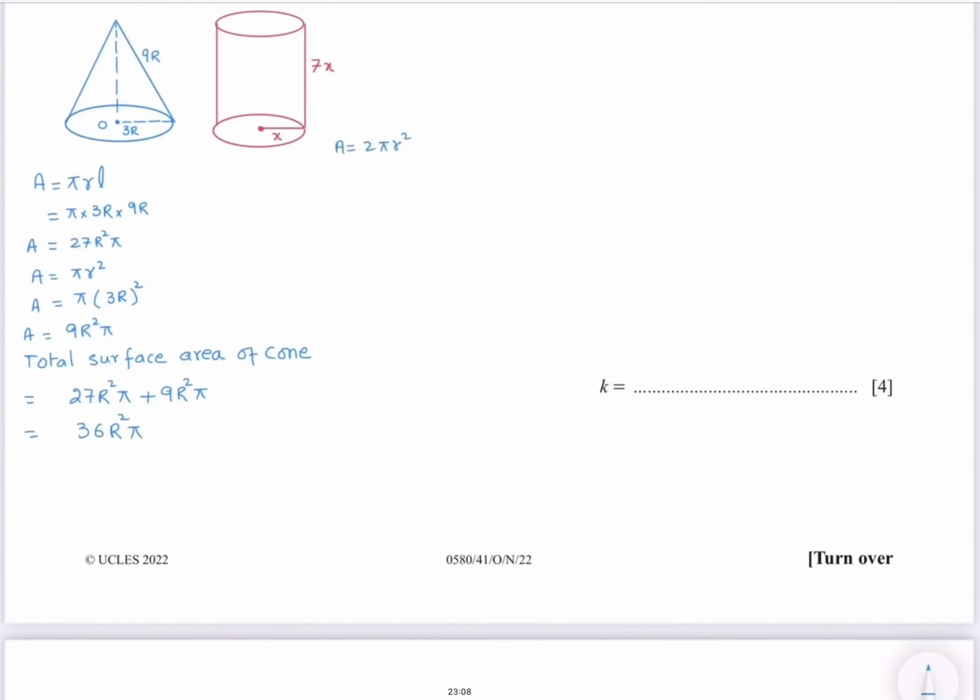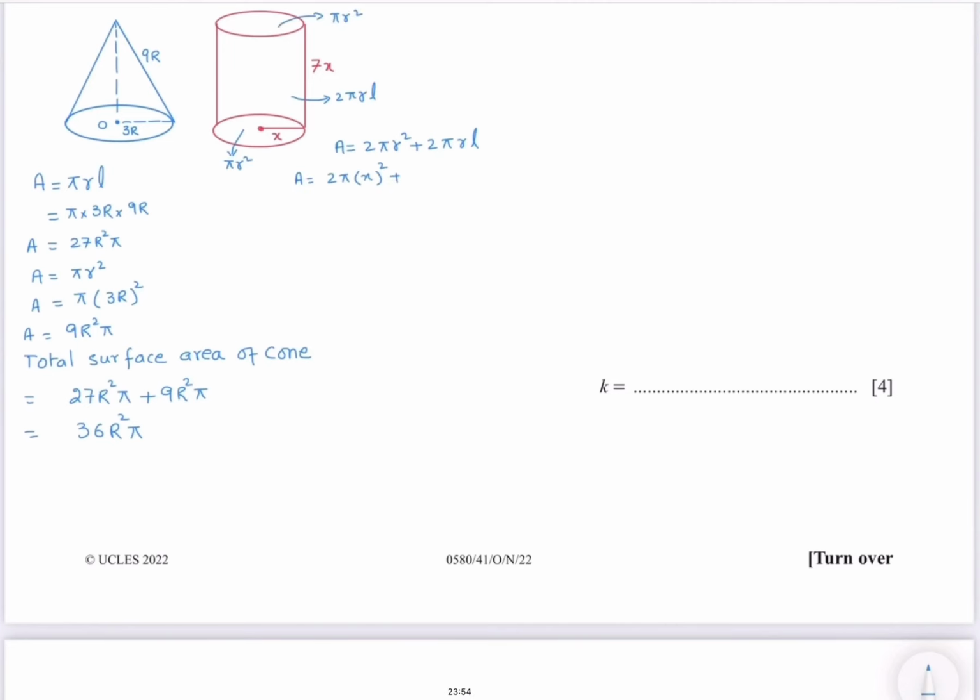Now work with the total surface area of the cylinder. So there are two circles, one at the top, one at the bottom. So the area of a circle is pi r squared, so you can write 2 pi r squared plus 2 pi r L. The body is a cylindrical body, so its surface area is 2 pi r L, or you can write 2 pi r H.